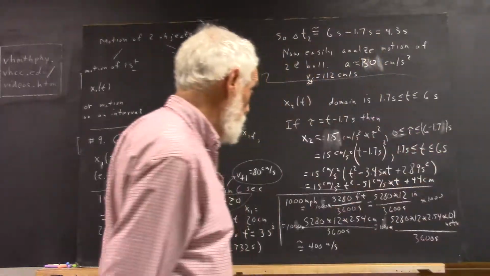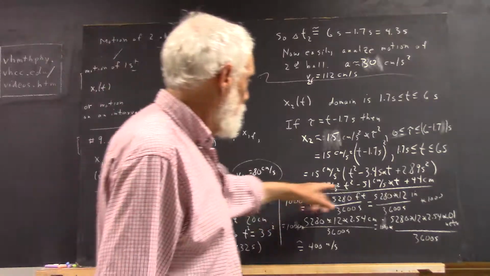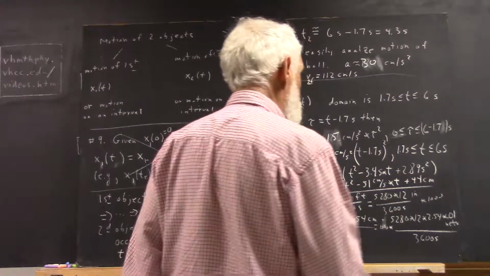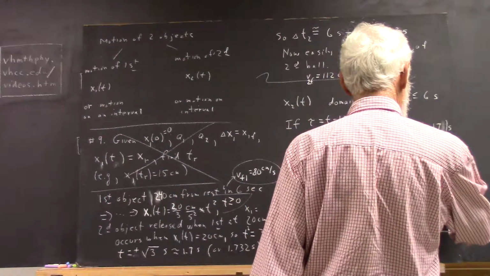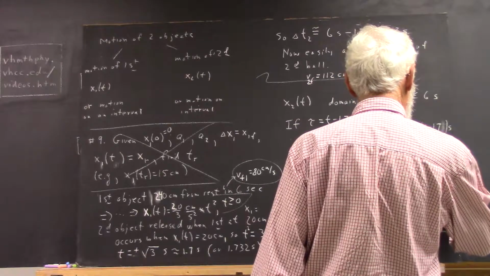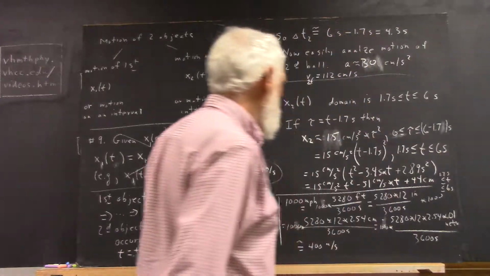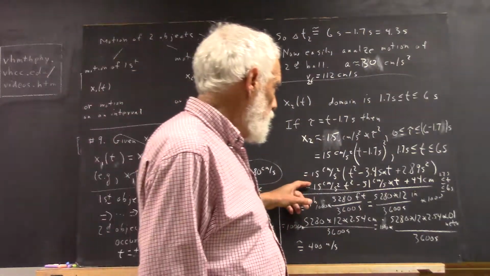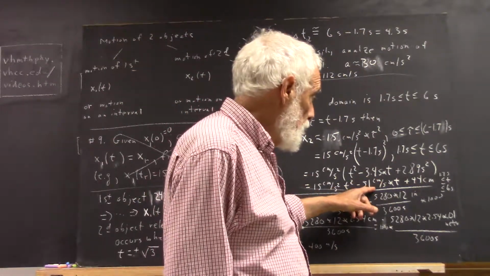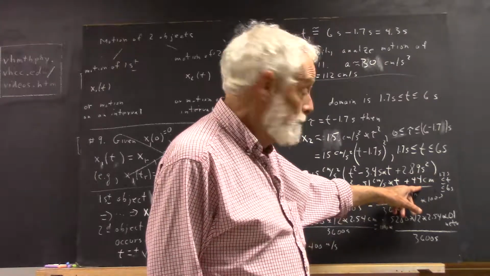You can check my arithmetic. But that would be the motion of the second object, again, for 1.7 seconds less than or equal to t less than or equal to 6 seconds. Well, that's the form 1/2 a t squared plus v naught t plus x naught.